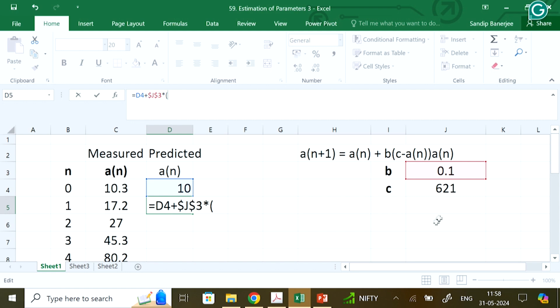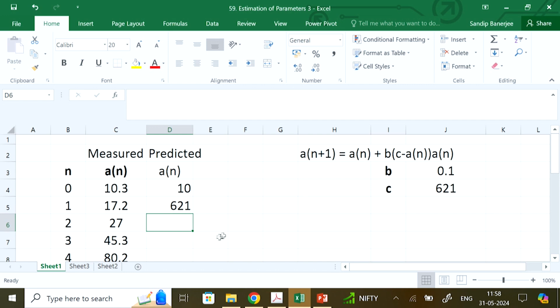I already took the value of c to be 621, minus a_0, multiplied by again a_0. So I get this value.